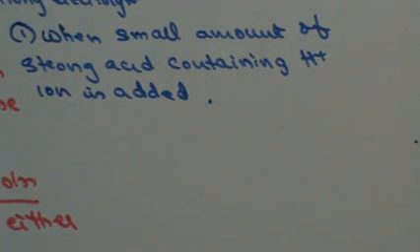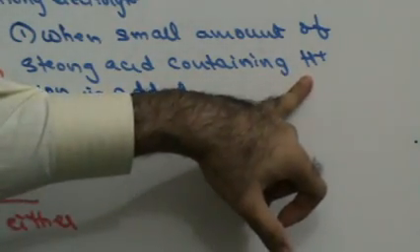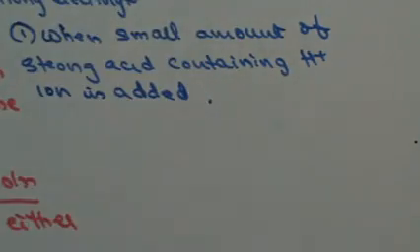Now when acid is added to it, the added acid, that is your H plus ions, will immediately combine with the acetate ions. The extra H plus ions that will be present will immediately combine with the acetate ions.